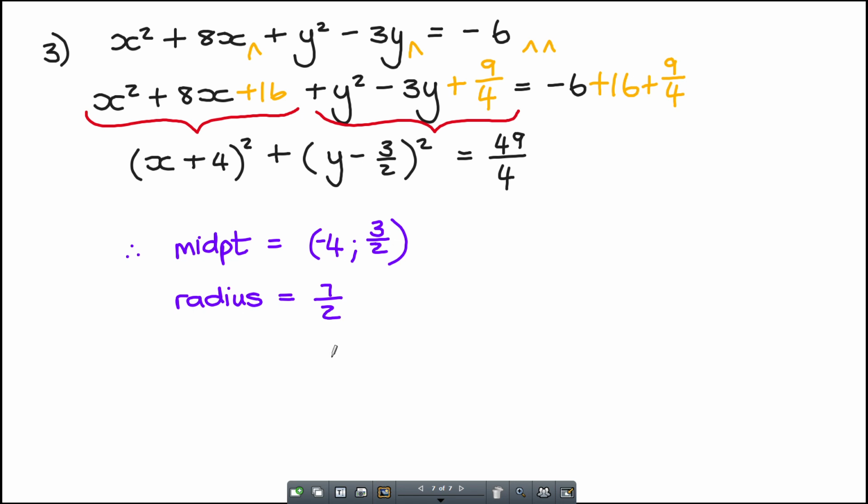So if you get confused, start with this: radius squared is equal to 49 over 4. So that means the radius will be 7 over 2. Okay, if you keep forgetting that, rather write that extra step in to remind you.